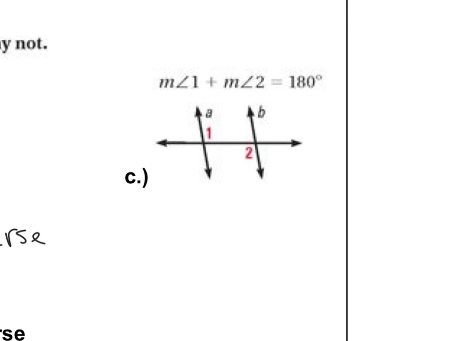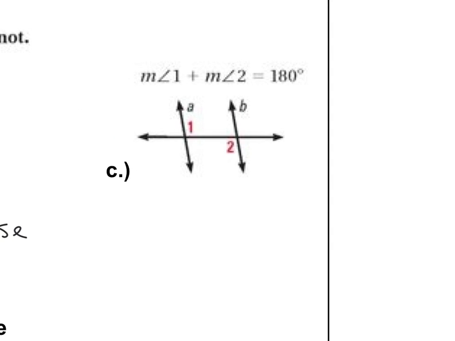Okay, in example C, they are saying that angle 1 and angle 2 add to 180 degrees. Of the four that we've been dealing with: corresponding, alternate interior, alternate exterior, and consecutive interior, the only one that deals with adding to 180 degrees is consecutive interior, or same side.